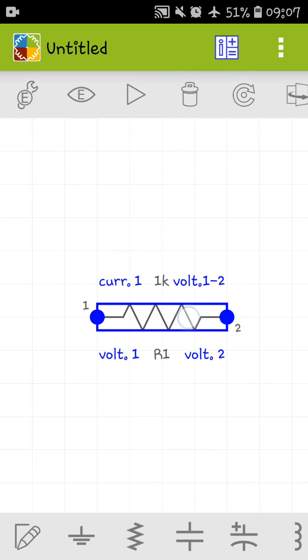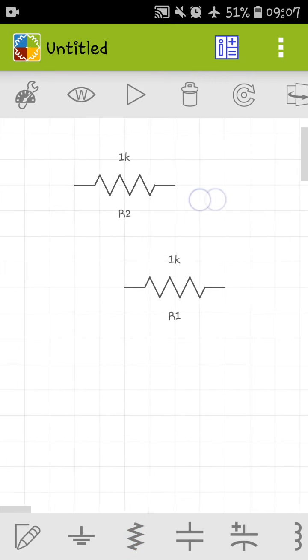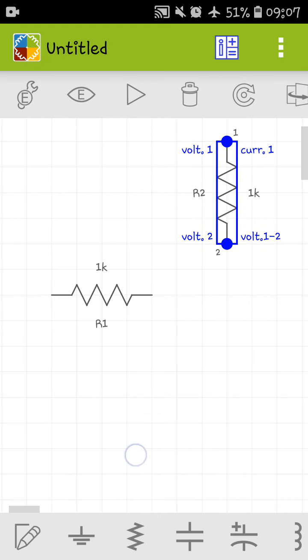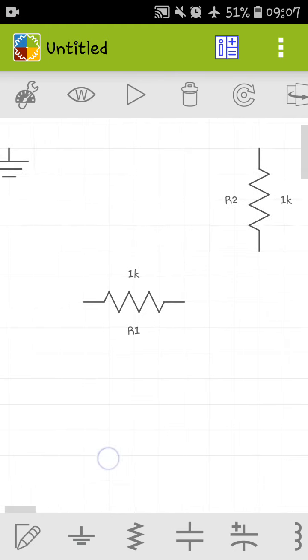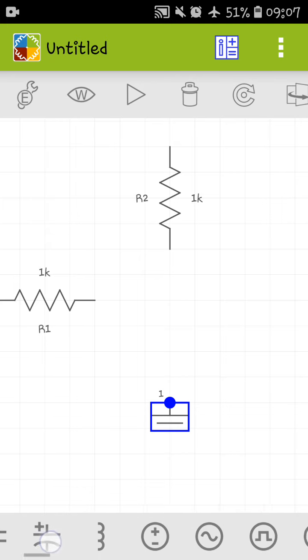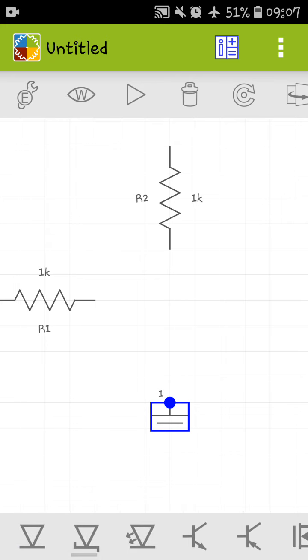Okay, so we need two resistors, one a base resistor and another a collector resistor, and we need one ground, so we'll put it here. Then we need a transistor.